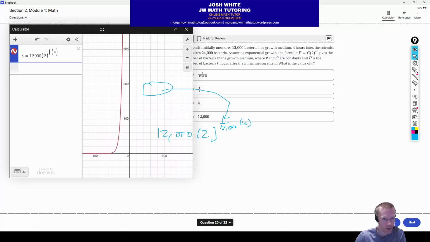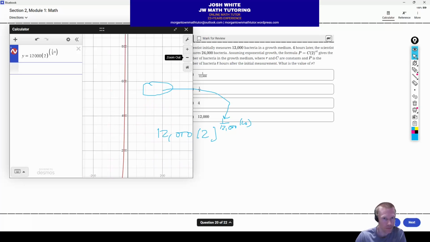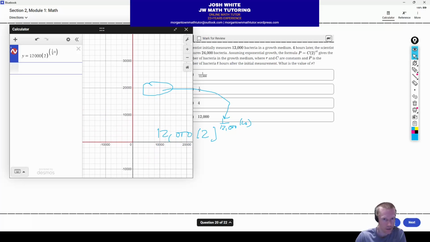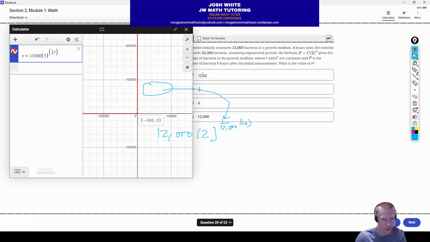So technically, what you would have to do is scroll all the way up, zoom out way here, and then trace along the graph and see, okay, I want a value way up here. See, it's going to take forever. It's going to be a gigantic pain to do because the numbers are so large.